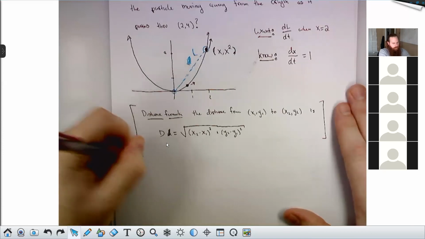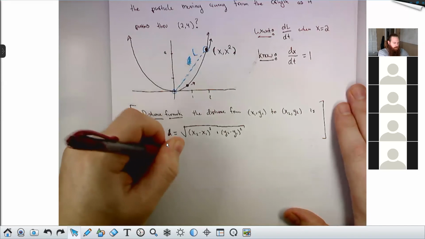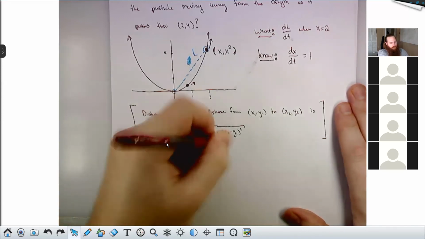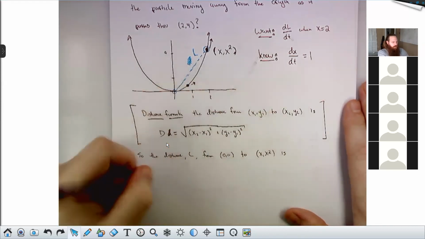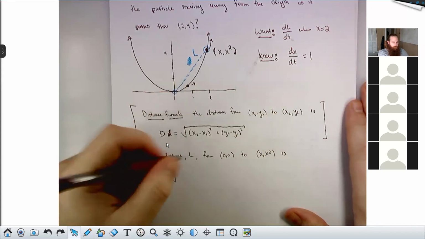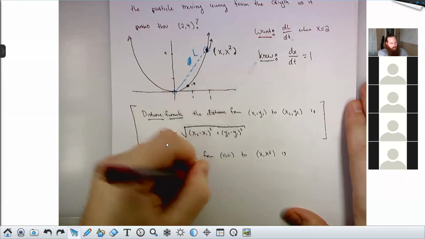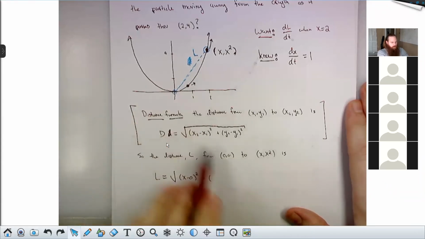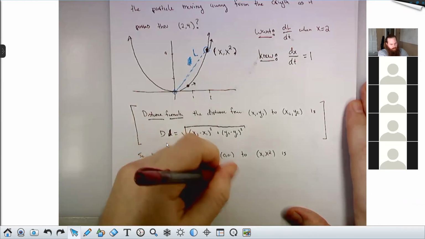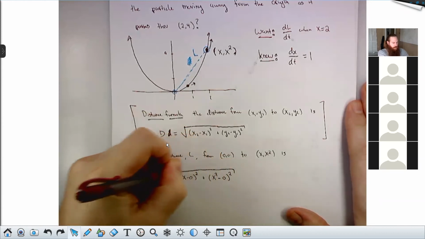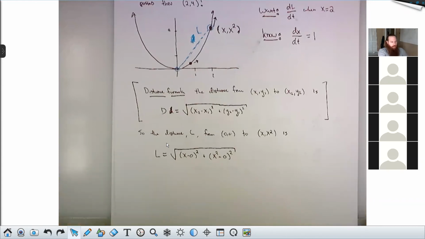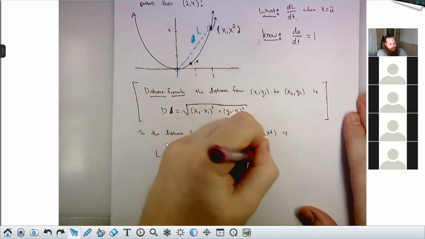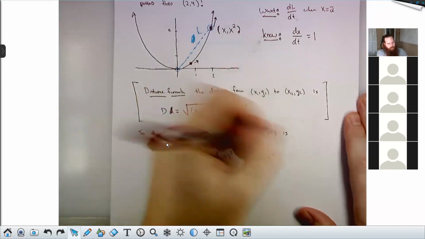The distance L from the origin, which is (0, 0), to my point, which is (x, x squared), is L equals the square root of (x minus 0) squared plus (x squared minus 0) squared, which can be written more simply as the square root of x squared plus x to the 4.